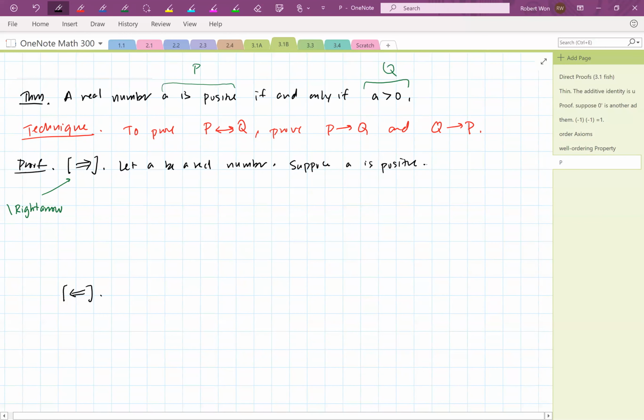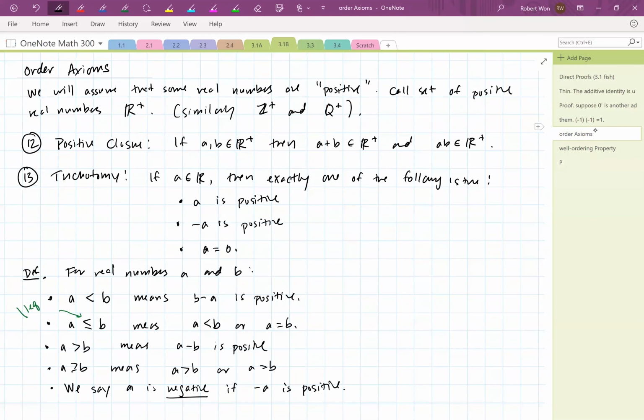Well, we don't have that much, right? So let's go back here. What does it mean to be positive? Well, I want to prove that A is greater than 0. So from here, I need to prove that A minus 0 is positive. If I can prove that, then by the definition of A is greater than B, I'll have that A is greater than 0.